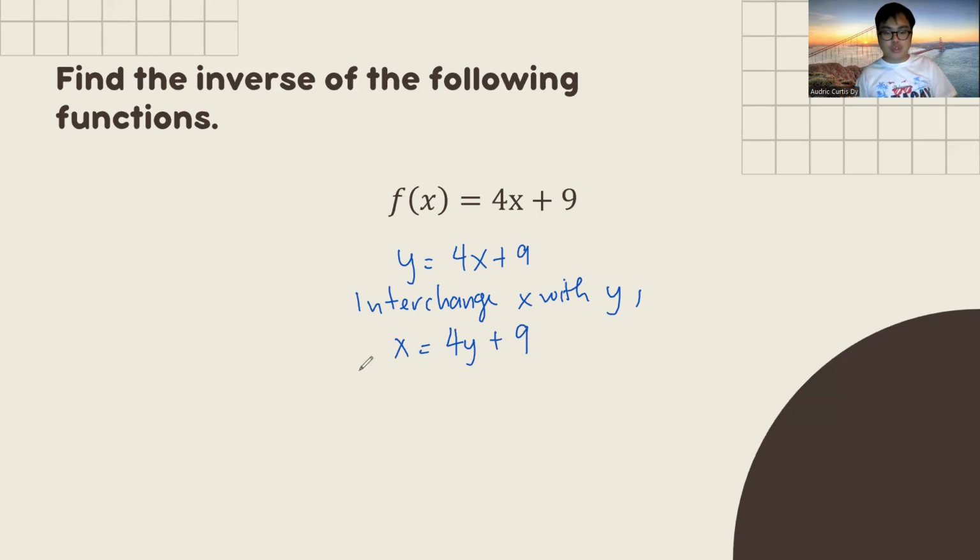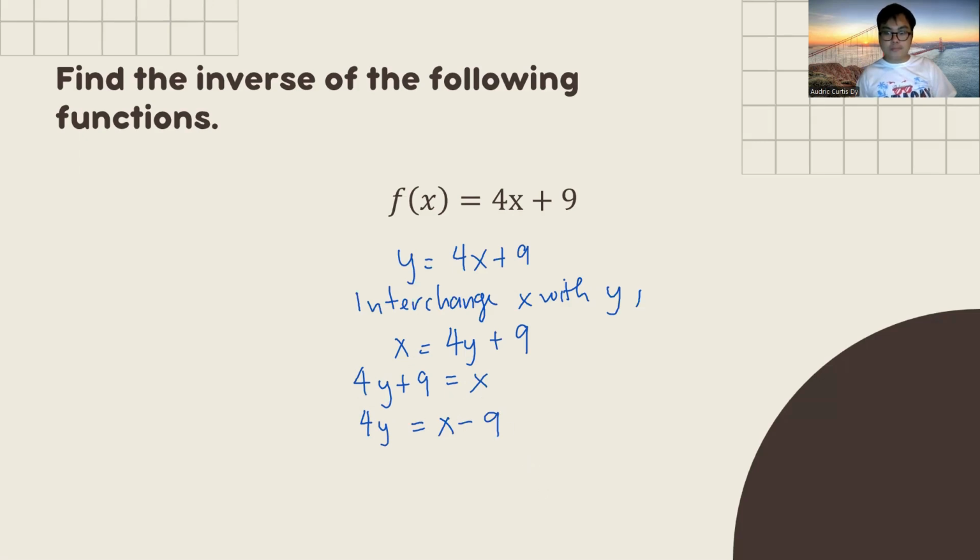Okay, so using the symmetric property of equality, ibabaliktad mo yung dalawang posisyon as in buo. So this will be at the left, then this will be at the right. So what you are going to do here is to make the y alone, the first step is you're going to transpose plus 9 to the right side. So this will become minus 9.